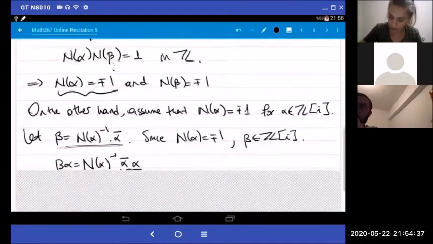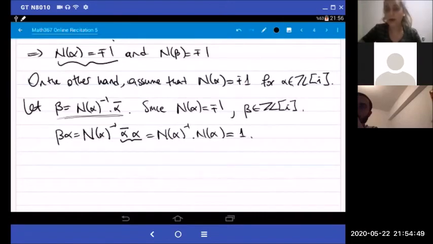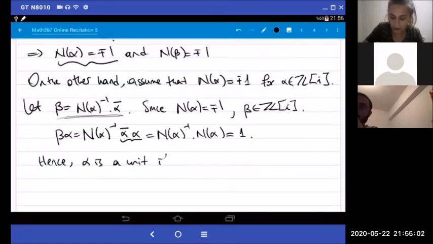So this part is the norm of alpha. Norm of alpha inverse times norm of alpha is equal to 1. So beta is the multiplicative inverse of alpha.